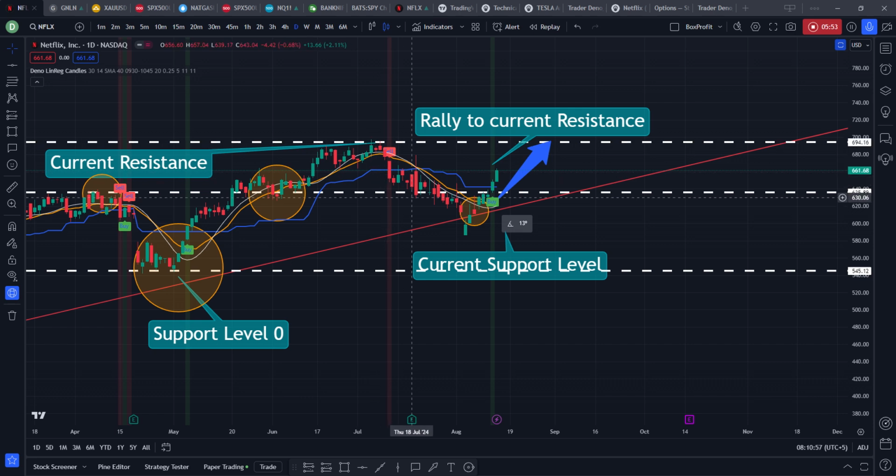Currently we bounced around 616, and we are hovering around 663. I think the highest of the day was 663.70 something, but there's a strong possibility of us pushing towards 690 something, 695, in the next few weeks.